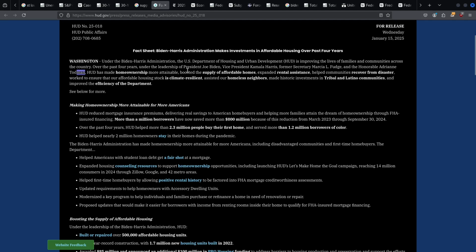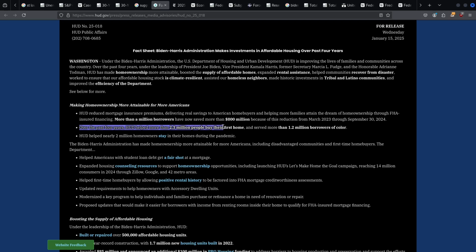HUD has made homeownership more attainable, boosted the supply of affordable homes, expanded rental assistance, helped communities recover from disaster, and ensure that the affordable housing stock is climate resilient, helping homeless people and the impoverished people of color. Oh, glorious. Over the past 4 years, HUD helped more than 2.3 million people buy their first home.